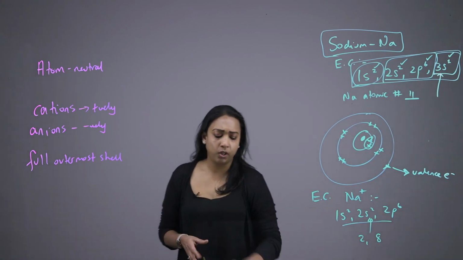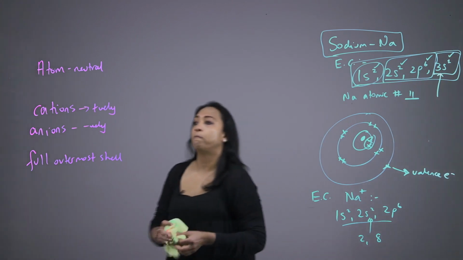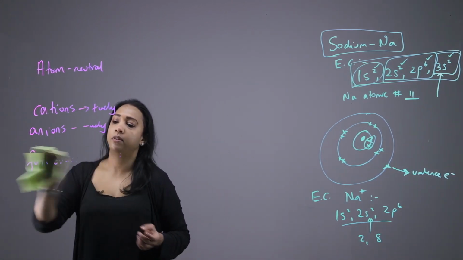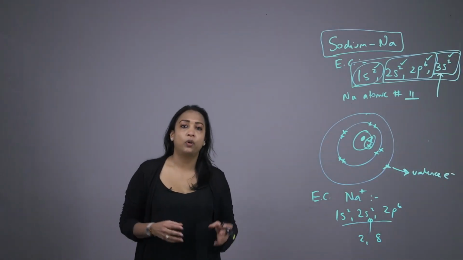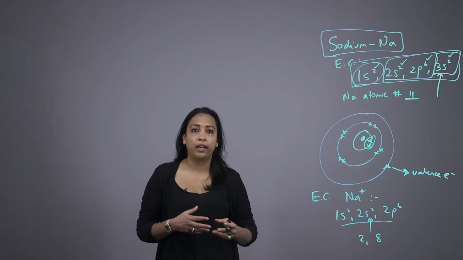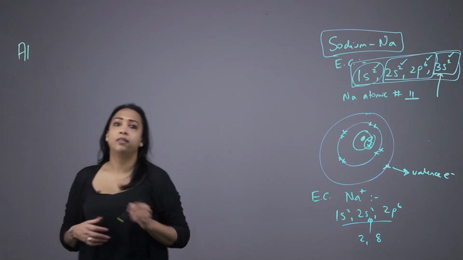Now we can show another example, and we can demonstrate this same concept using an aluminium ion. So we can show this formation of positively charged ions or cations using another example. Let's try aluminium this time.